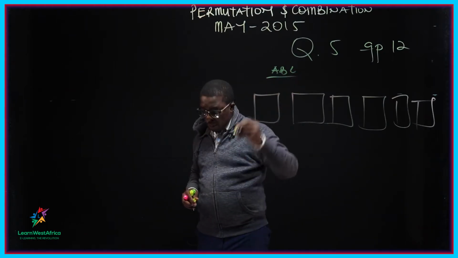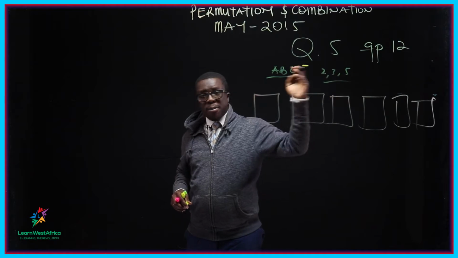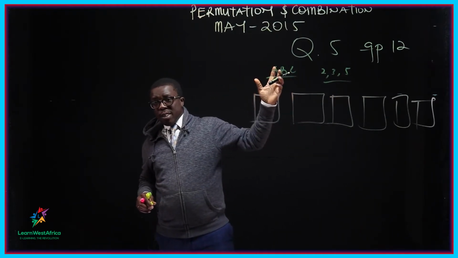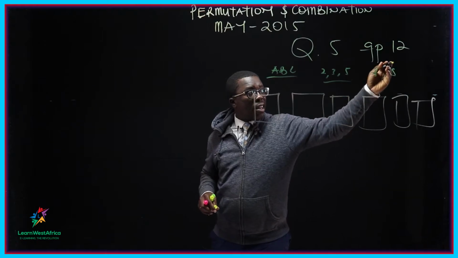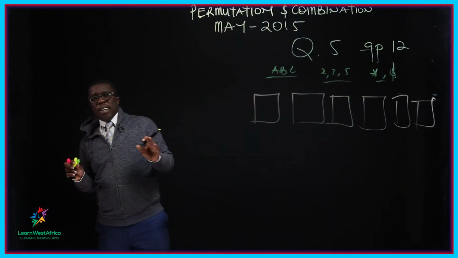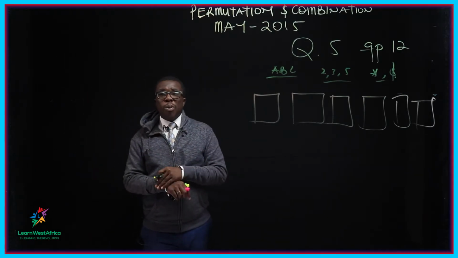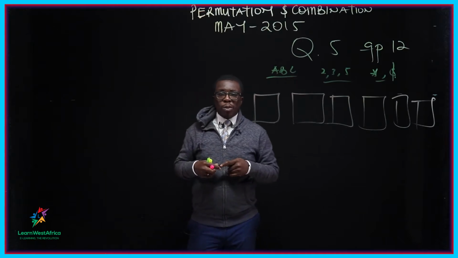And the numbers 2, 3, and 5 give you 3 more, so that is 6 different objects. Then we have the symbols, asterisk and the dollar sign, which also gives you 2. So in all, you've got 8 objects. And we are saying that out of the 8 objects, we are going to use 6 of them to construct this particular code.